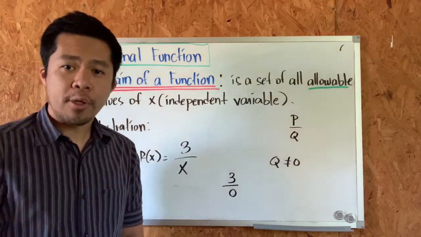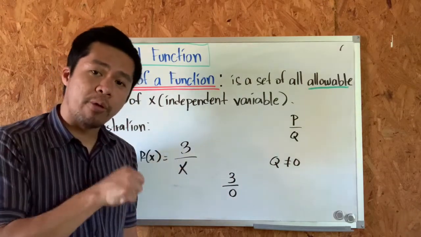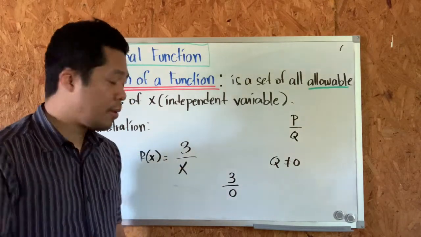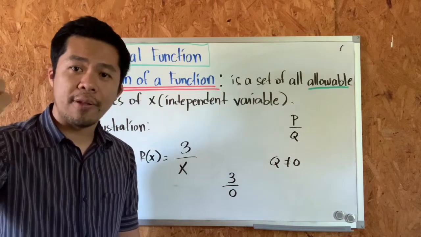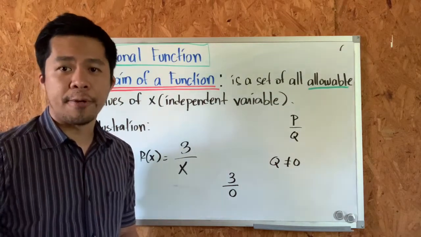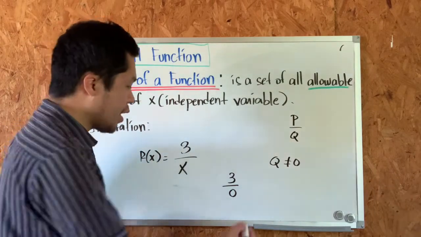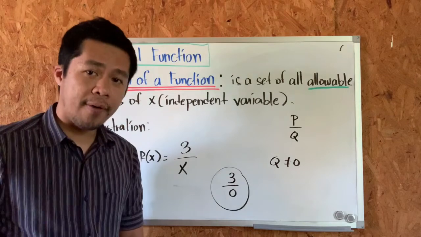So the whole denominator cannot be equal to 0. If you use your calculator and try to divide 3 by 0, it will result in an error, because this is undefined.